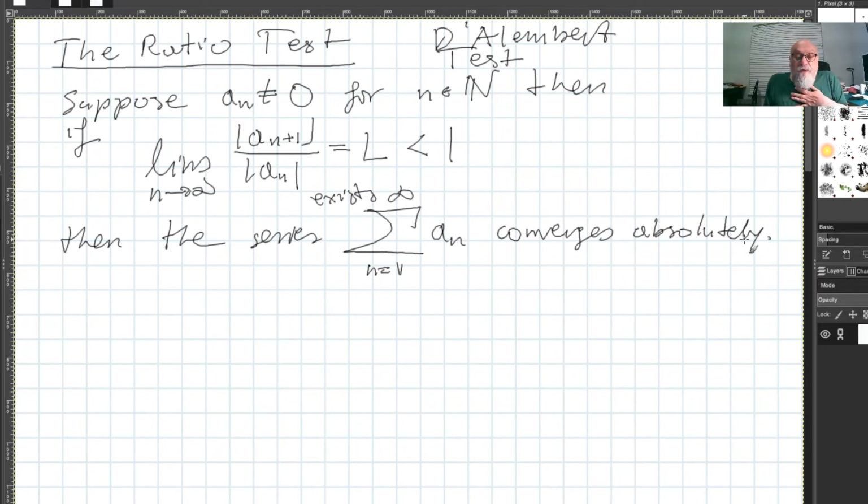Okay, so of course you can say there is a kind of inconvenience because a_n has to be different than 0, but there's always another test that doesn't require it. So this will be called the root test.